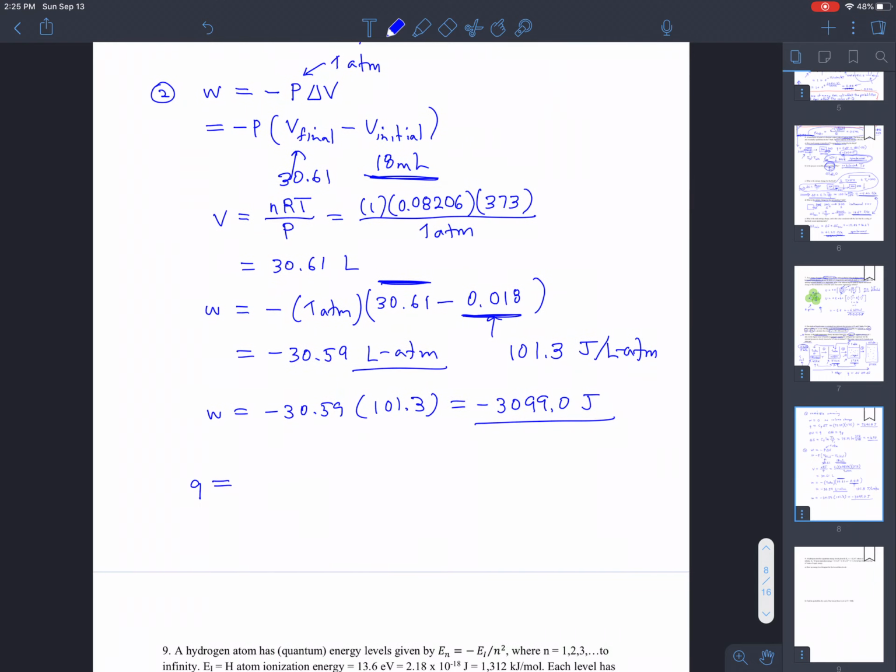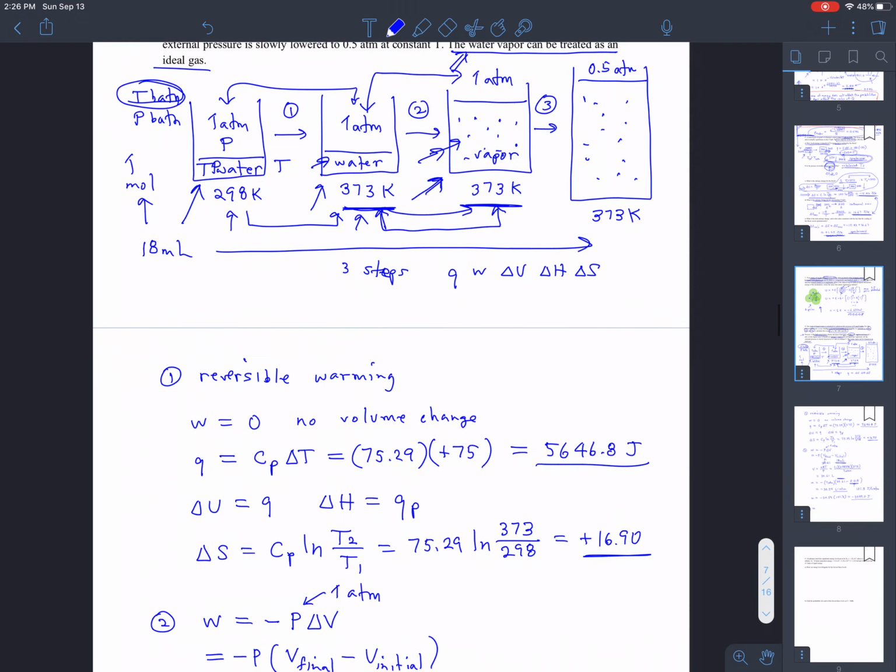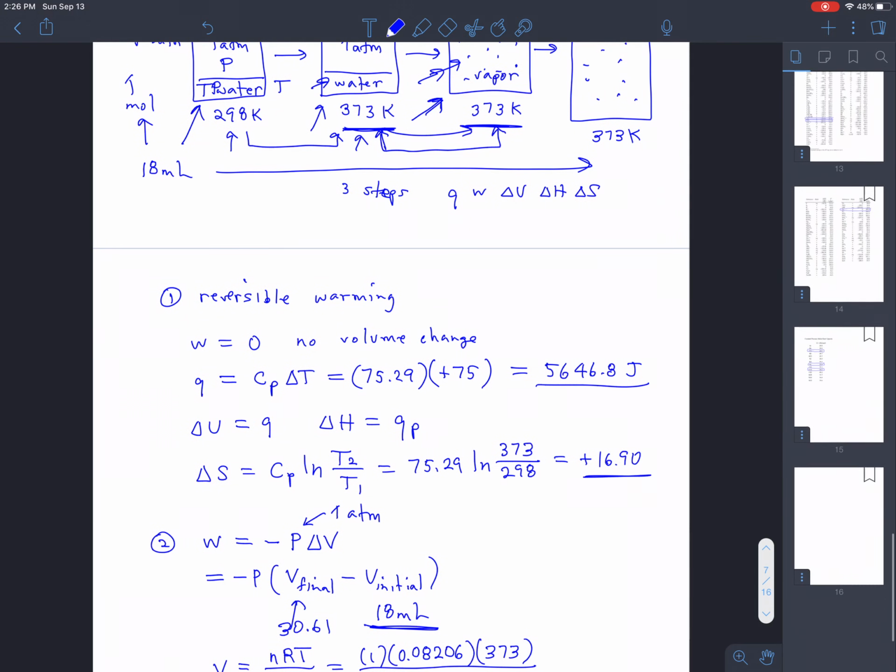The heat for step 2, what's that going to be? What did we do here? Well, we didn't change the temperature, but we did put a whole bunch of heat in order to cause the vaporization. Basically, we put the heat in because the water molecules have strong attractive interactions when they're in the condensed phase, but no interactions at all when they're in the vapor phase. So we put a bunch of heat in there to break all those interactions. How much heat? Well, that's another number from the chart below.